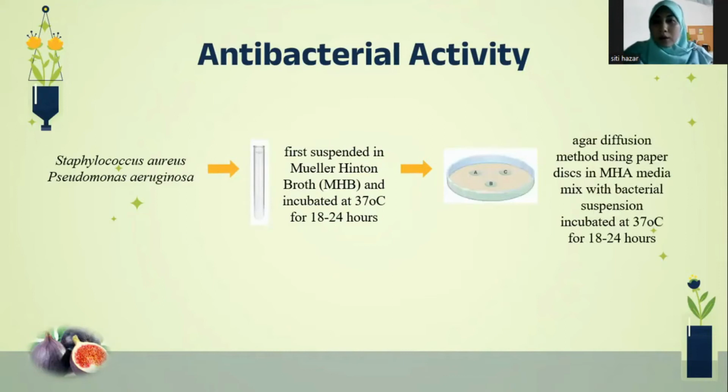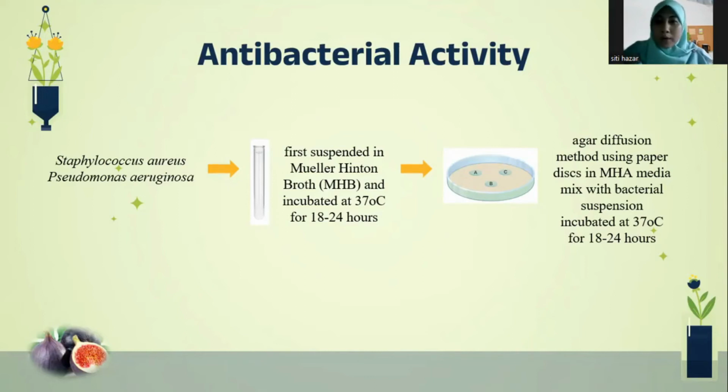After that, we mix the suspension of the bacteria with media agar, Mueller Hinton agar, then put the paper disc on top of the agar and incubate at 37 degrees Celsius for 18 to 24 hours.